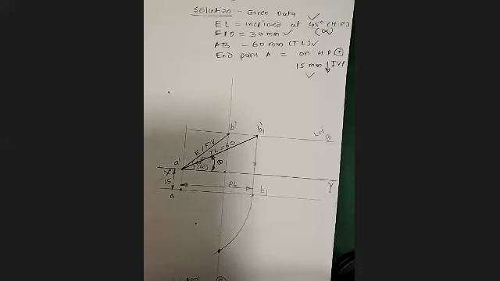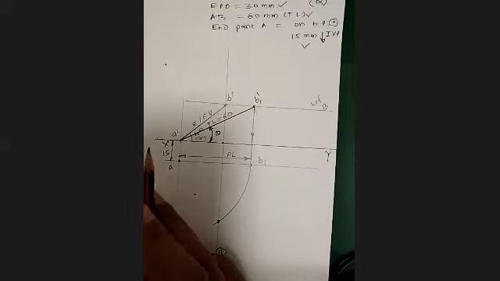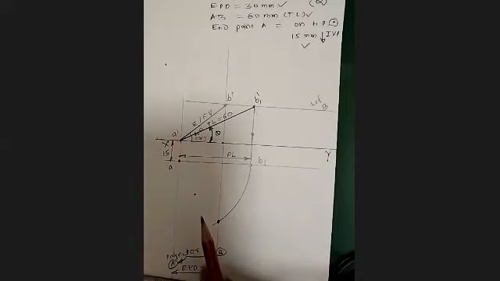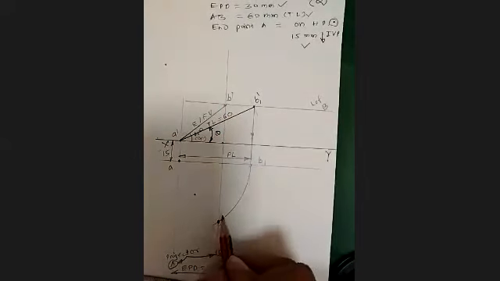Projector for A is this. These are the projectors. And the distance between these two is nothing but the end projector distance. Projector of A, on which A dash, A will be there. Projector B, there will be the B dash and B. So this point is going to be the point B.